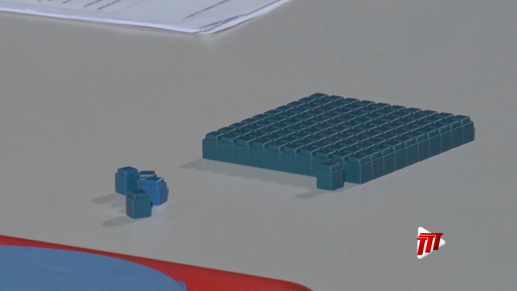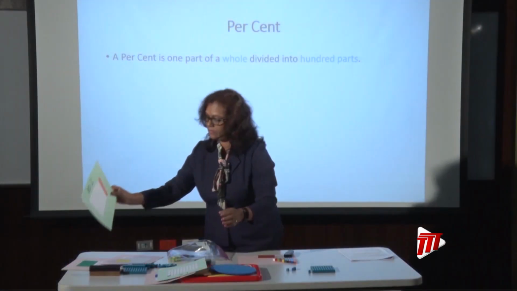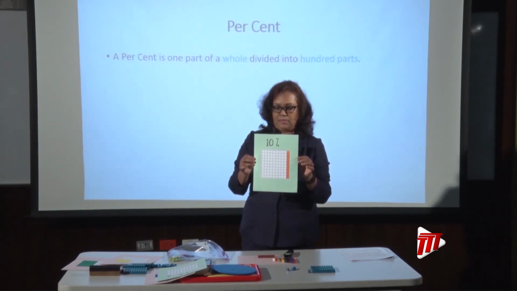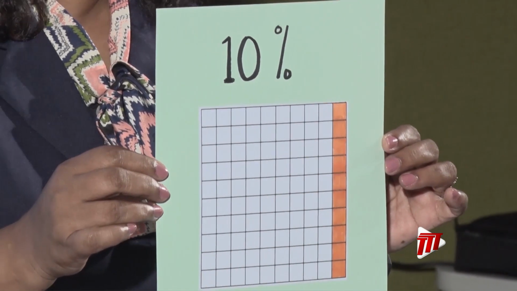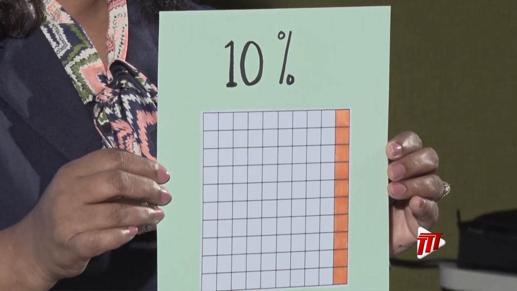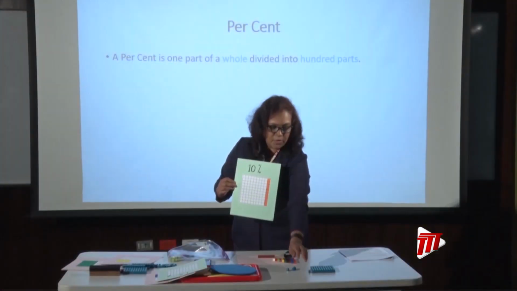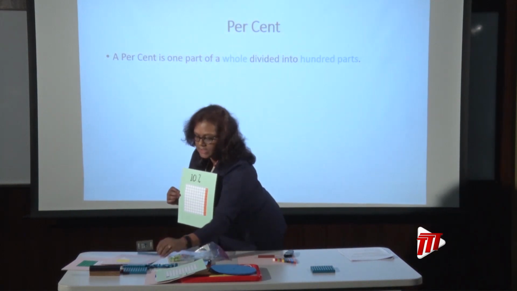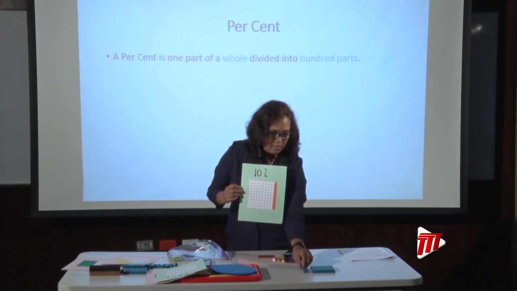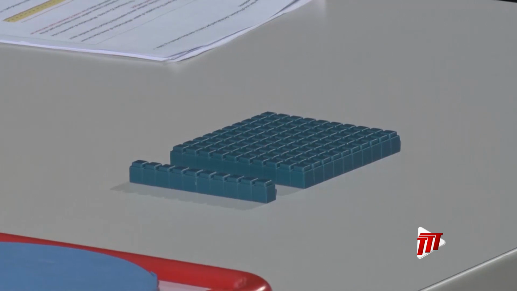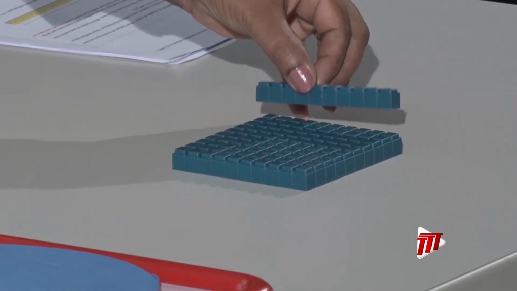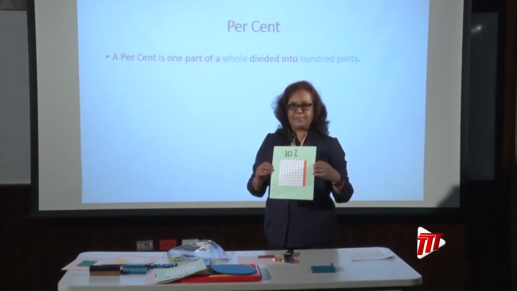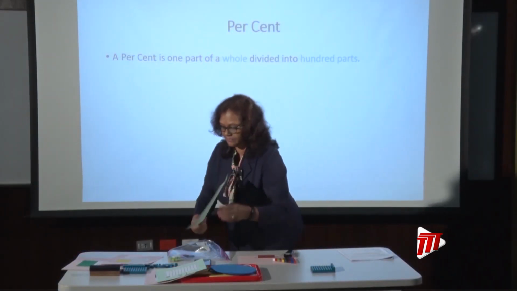I can also represent other percents. What about 10%? So 10 out of 100 could be represented on the grid. I could also represent 10 out of the 100 using 1 rod. So this rod is 1/10 of 100, or 10% of 100.